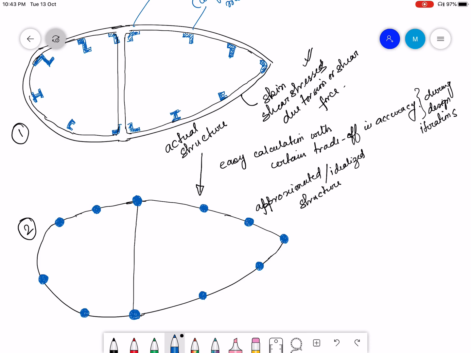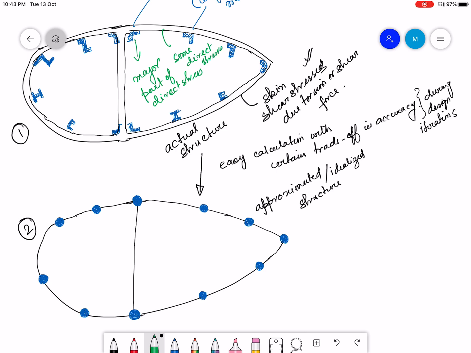But apart from the stringers taking the major part of the direct stresses, part of the skin also takes a certain part of the direct stresses. So this blue colored figure takes the major part of the direct stresses, but this also takes some direct stresses.